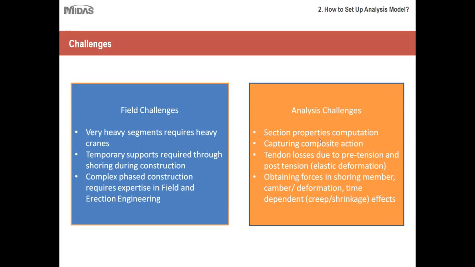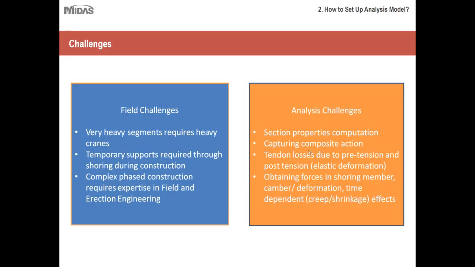Then the other category is analysis challenges, and this is what we'll be focusing on in this part of the presentation. Since these sections are of various sizes and dimensions, the section property computation is pretty critical, and it is not always easy and straightforward to get the entire cross-section behavior, because there are multiple parts in this cross-section.